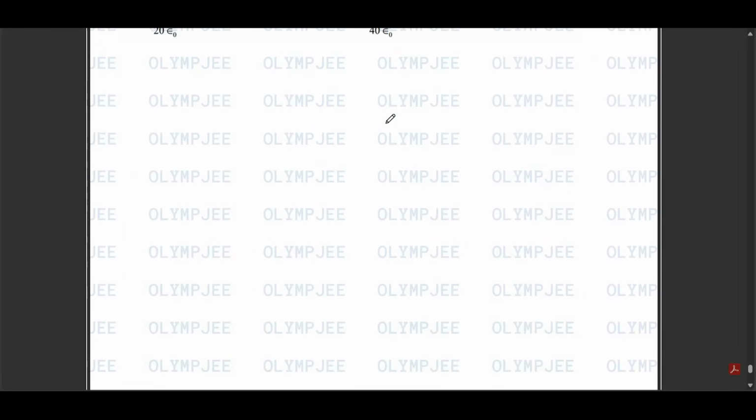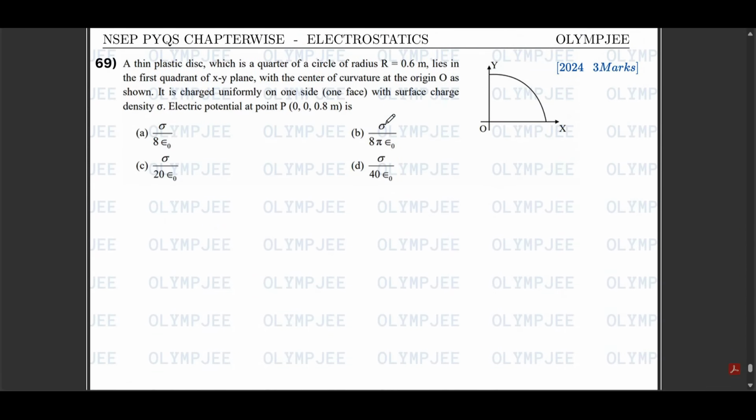So moving on to question 69, we have a thin plastic disc which is a quarter of a circle of radius r, 0.6 meter, lying in the first quadrant of the xy plane with the center of curvature at origin O as shown. It is uniformly charged on one side with surface charge density sigma, and we need the potential at this point.